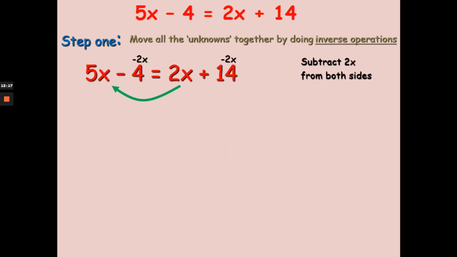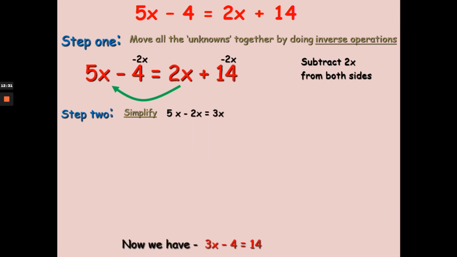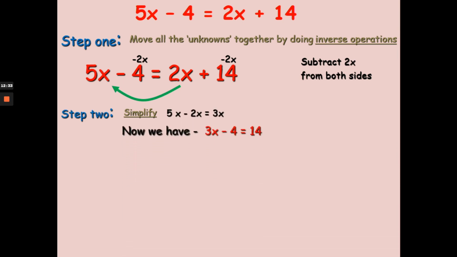It's easier to get rid of the 2x, so whatever I do to one side I've got to do to the other. So if I'm taking 2x away from one side, I've got to take 2x away from the other. That would leave me with 3x, so 5x take away 2x, which is 3x, take away 4 equals 14, because we've taken away the 2x on the right hand side. So that's what it leaves me with.